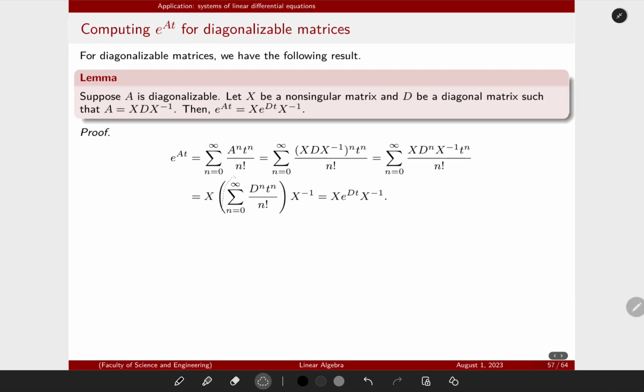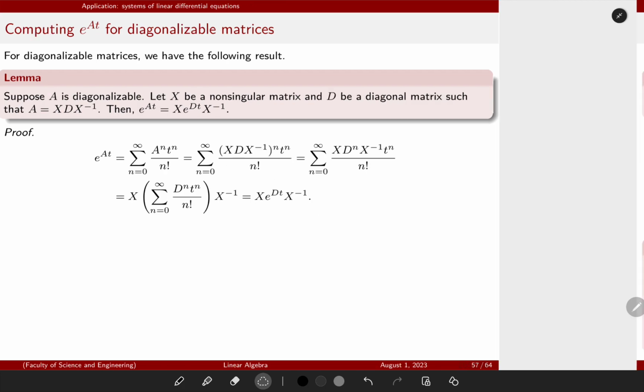But this is just the matrix exponential of Dt, sorry. So we have now shown that if A is diagonalizable, then we can write its matrix exponential in this way.